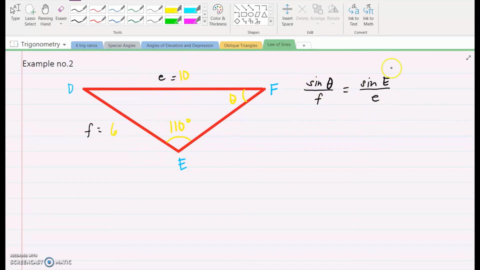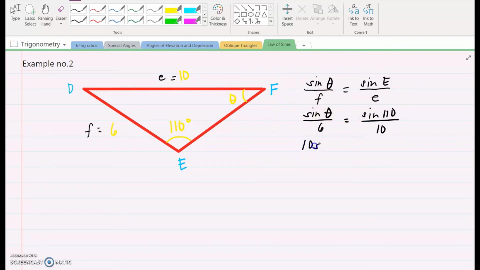So we're going to use this law of sines: sine angle over the opposite side equals sine another angle with its opposite side. So sine theta over F, our F is 6, equals sine 110 over E, which is 10. Again, we're going to cross multiply this proportion.